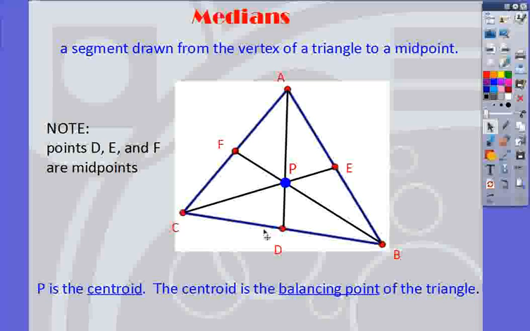So when all of these lines intersect, they intersect at one point, which is called the point of concurrency. And for medians, this point of concurrency is called the centroid. One thing that's special about the centroid is it is the balancing point of the triangle. So we could balance this triangle on our finger at point P, and it would stay perfectly balanced and still.